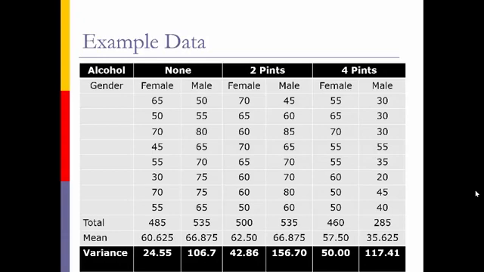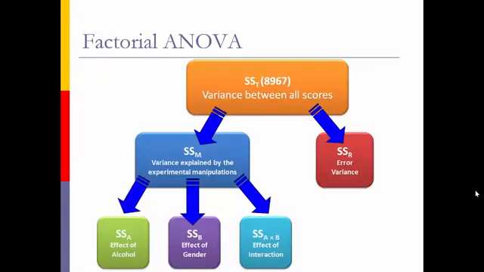And essentially the factorial ANOVA is going to be looking at the variance that is the total variance. We break it down just like we did before, the residual, and then the model variance, but now we can break down that model into 3 specific elements.